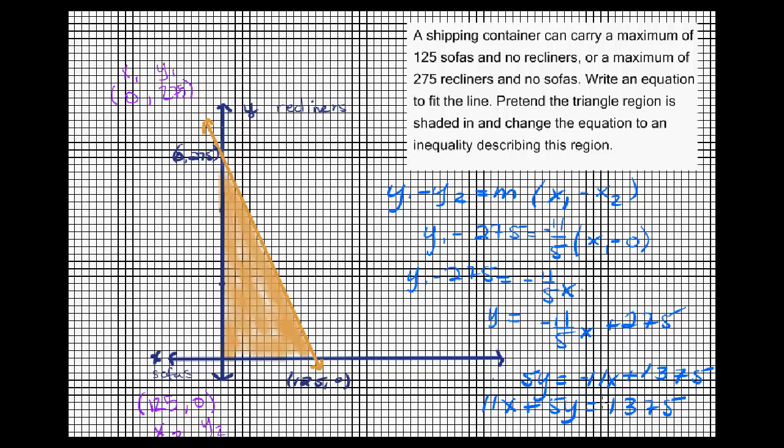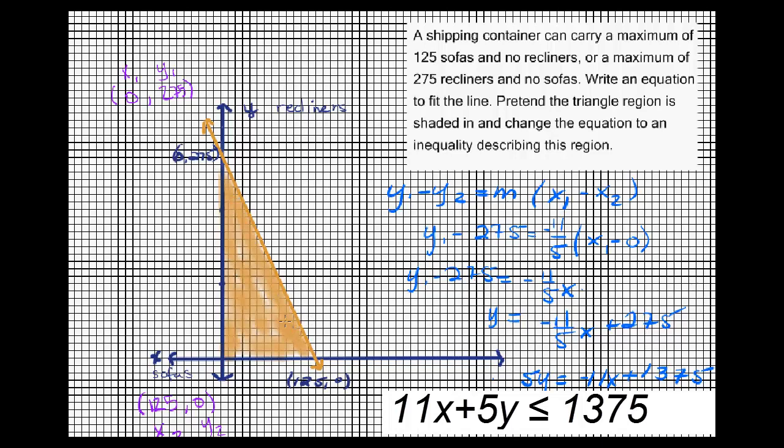Now we want to change this linear equation to an inequality so that we can describe our region here. Everything on this line needs to be less than or equal to. So we would change our equal sign to less than or equal to 1375, so that it describes this region, the orange shaded region.